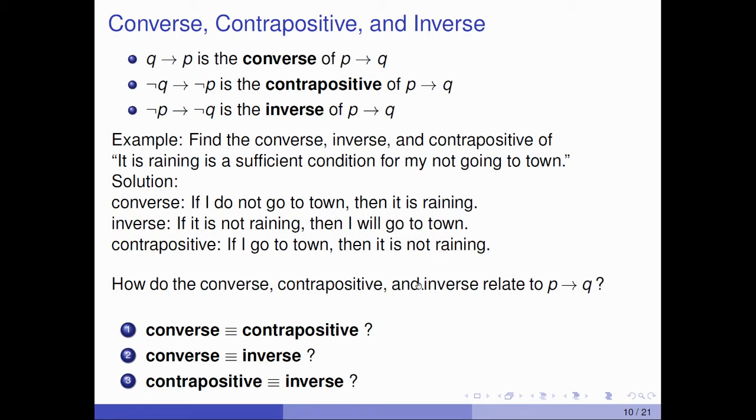How do the converse, contrapositive, and inverse relate to P implies Q? Actually, this symbol here is not yet discussed, but this is logical equivalence. Okay, the correct one here is that what is logically equivalent to P implies Q is the contrapositive.